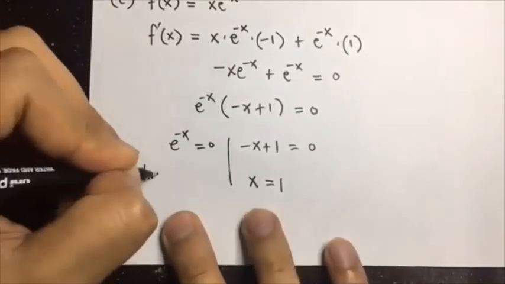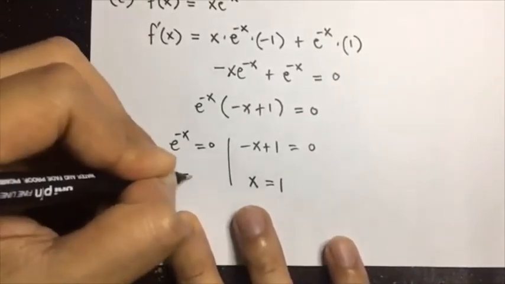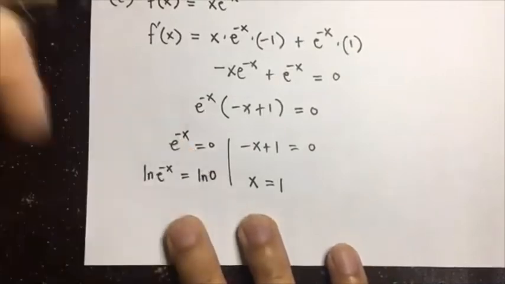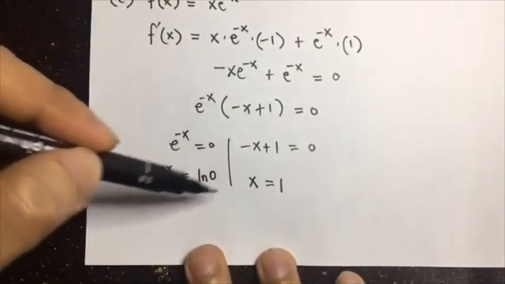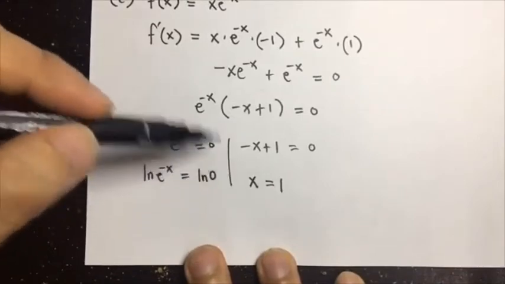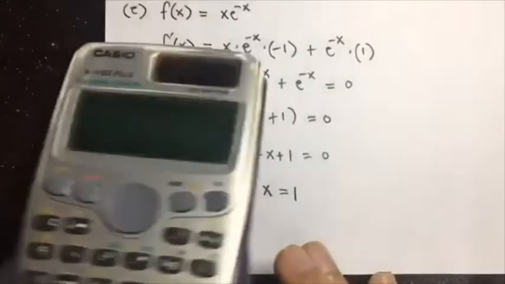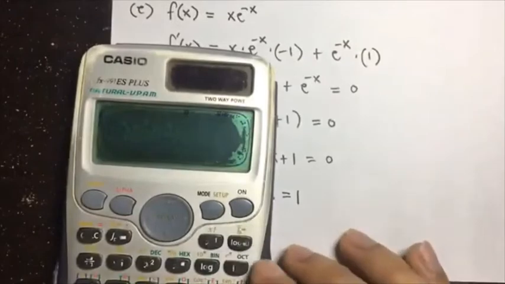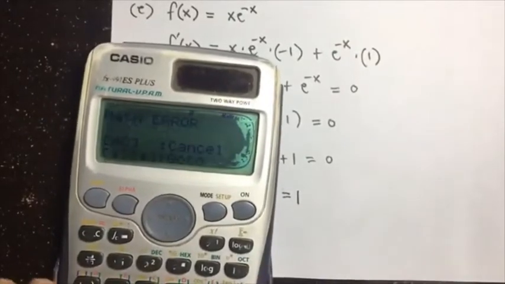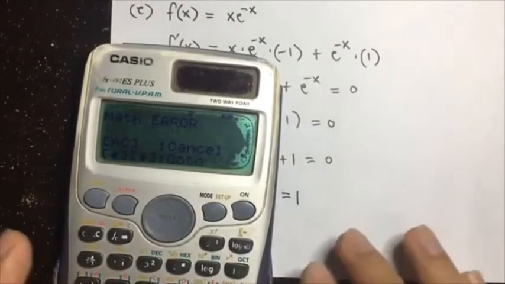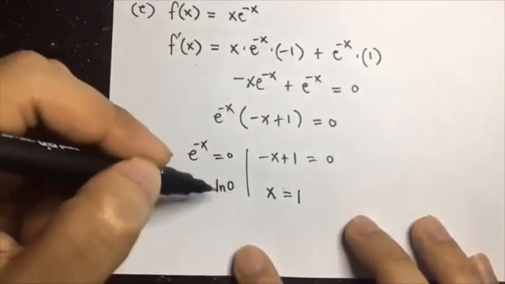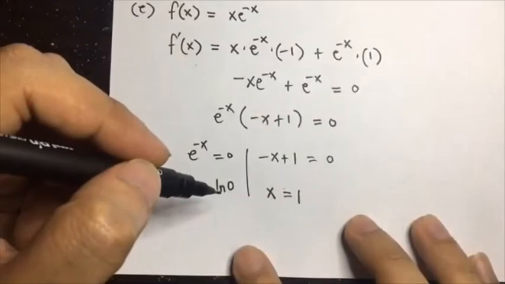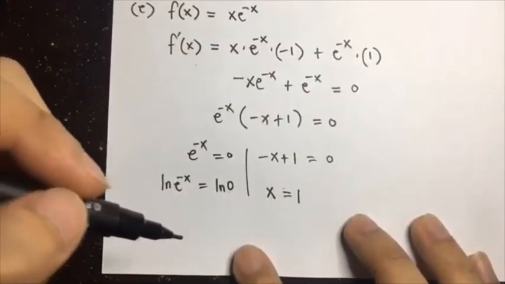So ln of e raised to the negative x is equal to ln of 0. As you can see, if you use your calculators to solve for ln of 0, it is a math error. But using the concept of calculus, the value of ln of 0 approaches negative infinity.